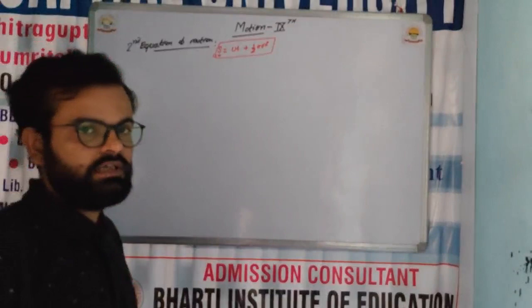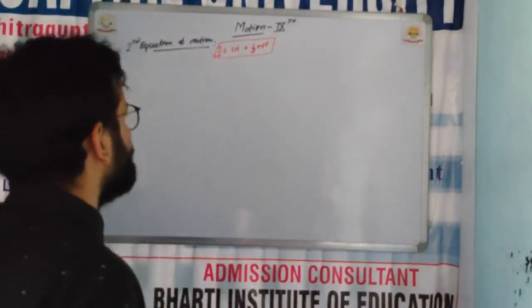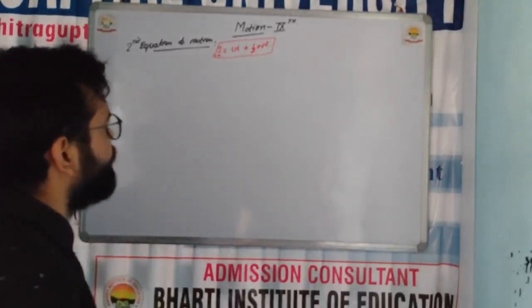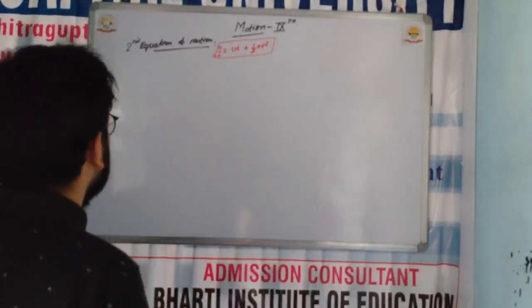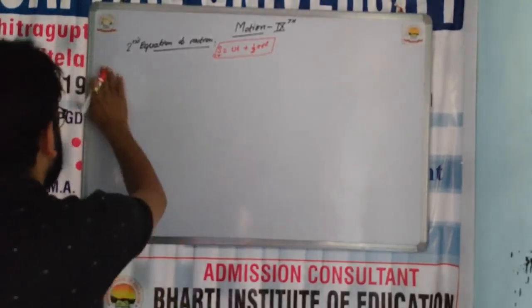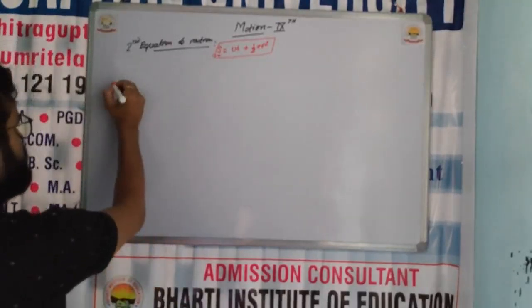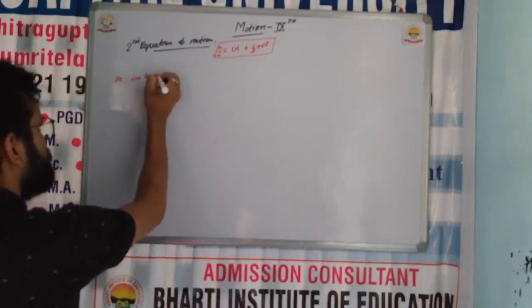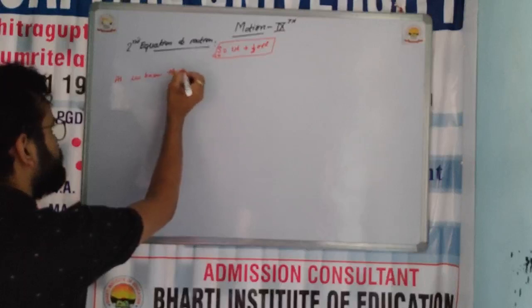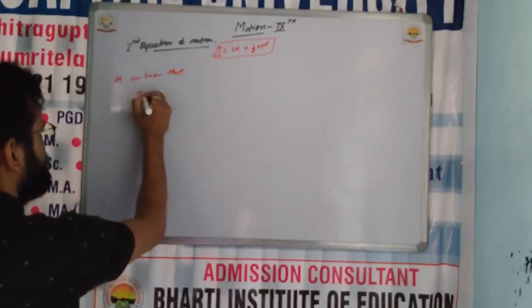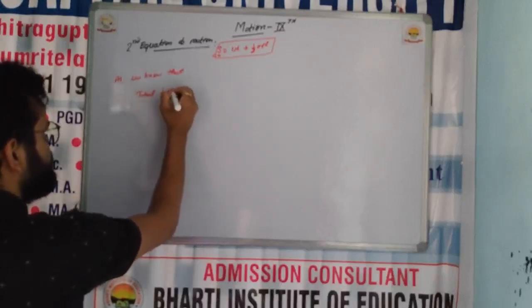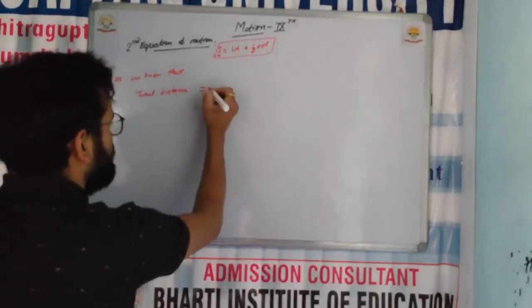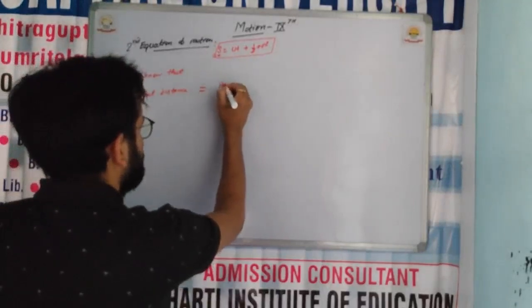So total distance covered is equal to average velocity into time.